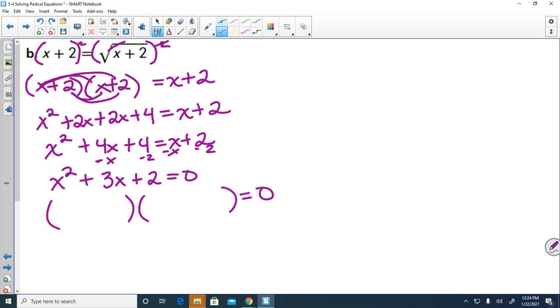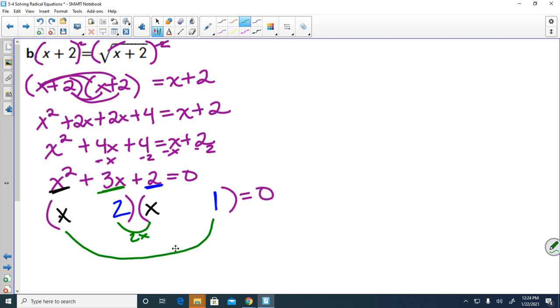Let's see, to get x squared, I can do x times x. To get 2, I can do 2 times 1. And then I just want to make sure that I'm getting 3x from this product and that product. So 2 times x is 2x. X times 1 is 1x. If you add them, you will get 3x. So make them both positive.